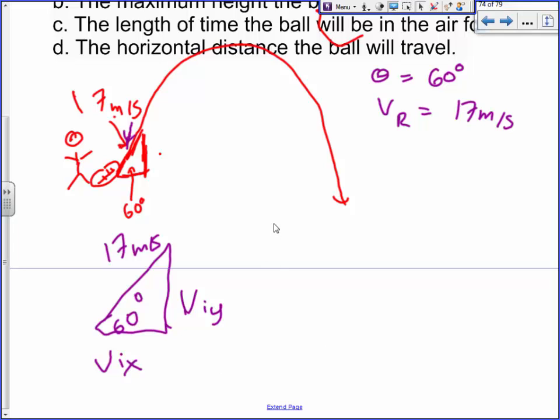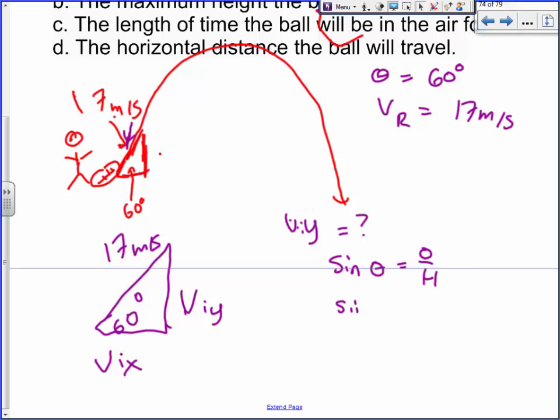So, to figure out, for example, the velocity initial in the y direction, any idea how we're going to calculate the upwards component? Yeah, SOHCAHTOA, exactly. What we could say is, the sine of our angle would be equal to our opposite over our hypotenuse.